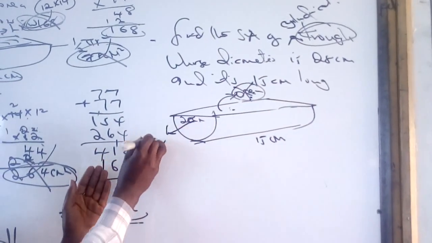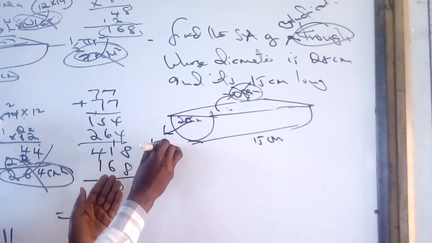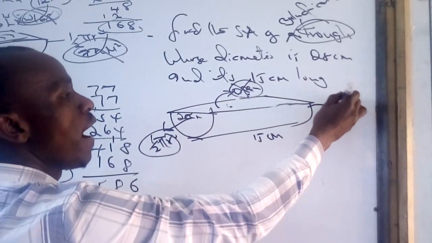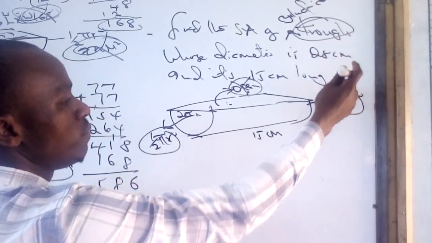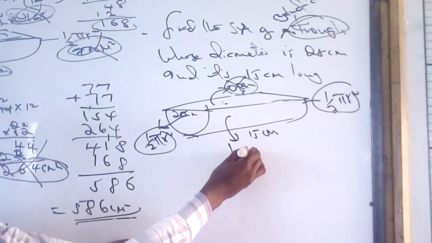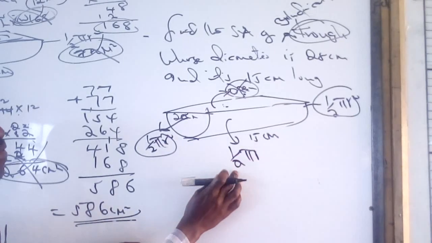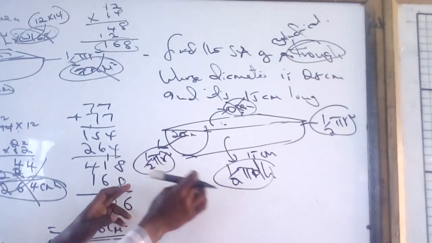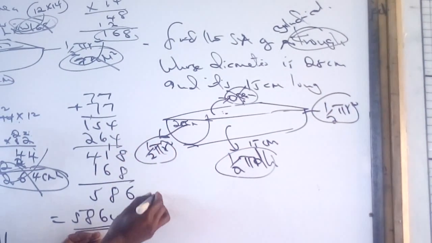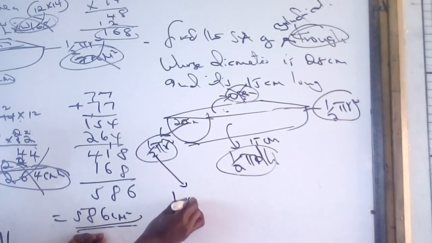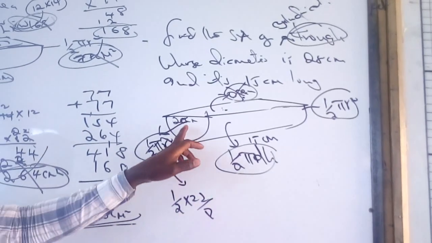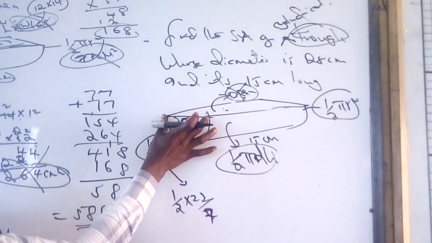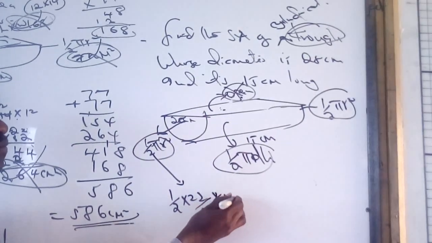So here we simply have a half pi r squared, which is the area of a semicircle, and another half pi r squared semicircle. Then we have the curved surface, which is also a half pi dh. So we can include the 3 surfaces and we combine them. So the first one is a half times 22 over 7 times our radius, for 28 diameter, so radius is 14.